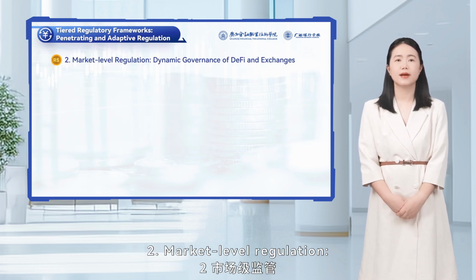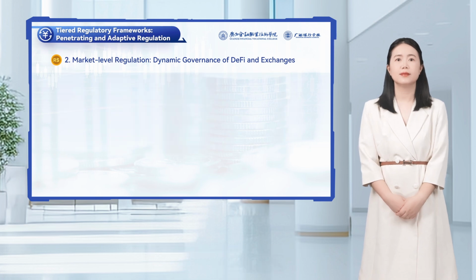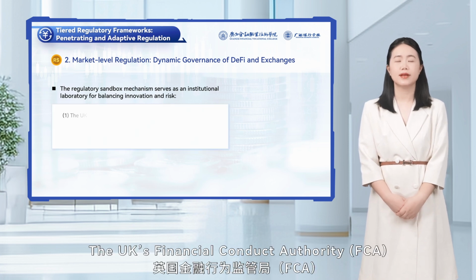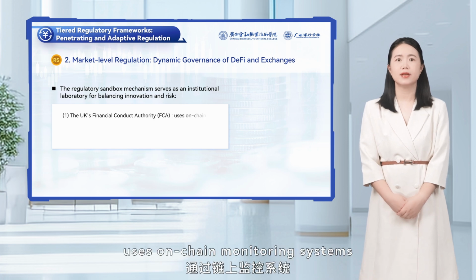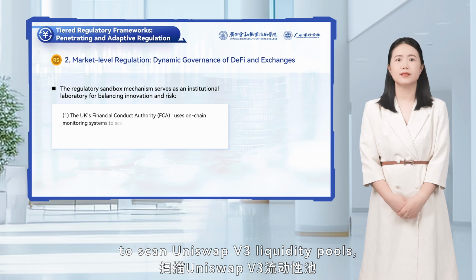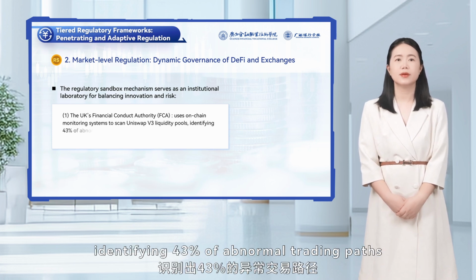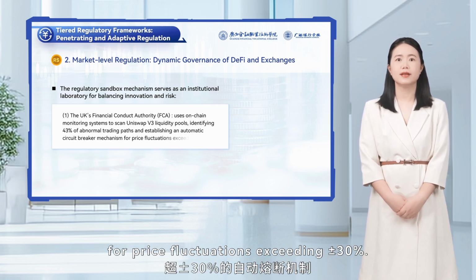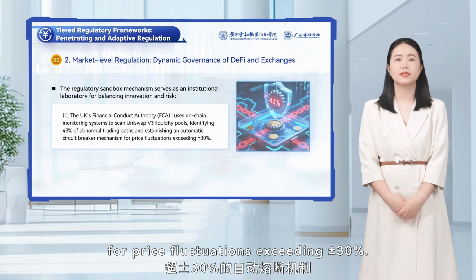2. Market-level regulation. Dynamic governance of DeFi and exchanges. The UK's Financial Conduct Authority, FCA, uses on-chain monitoring systems to scan Uniswap v3 liquidity pools, identifying 43% of abnormal trading paths, and establishing an automatic circuit breaker mechanism for price fluctuations exceeding plus or minus 30%.